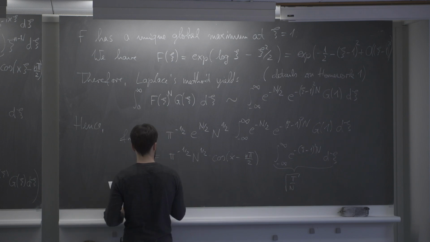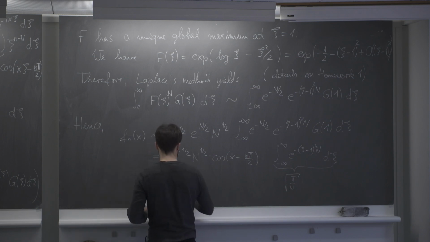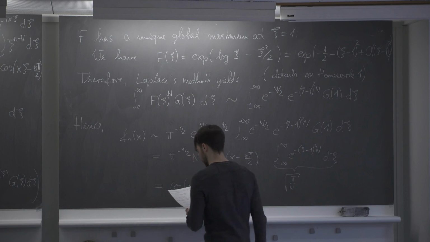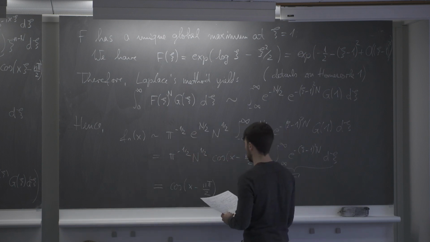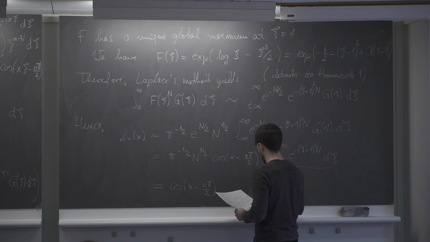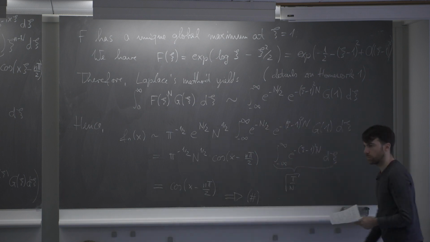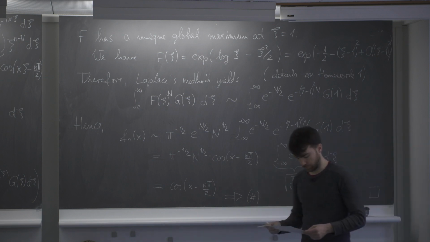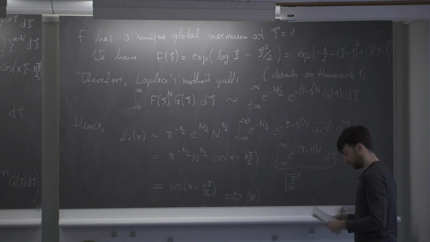So these two things cancel. So the whole thing is cosine x minus n pi over 2. So from this we can conclude that the sharp holds, and then we have proven proposition 45.